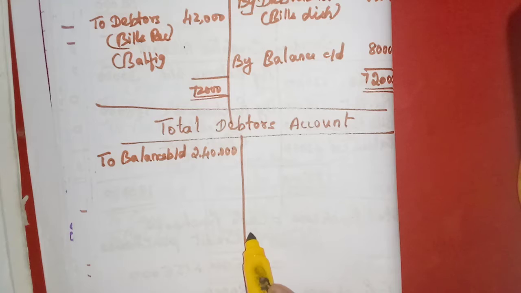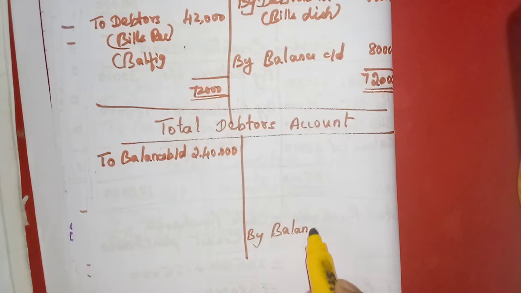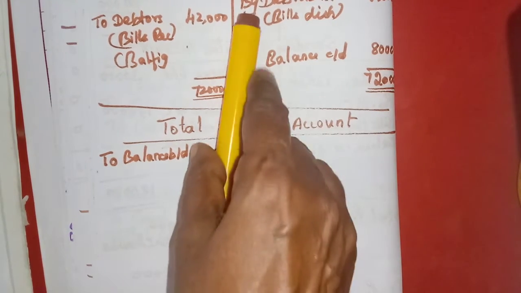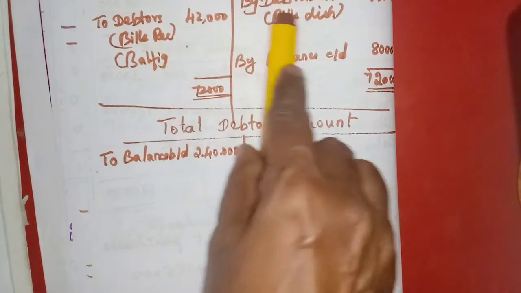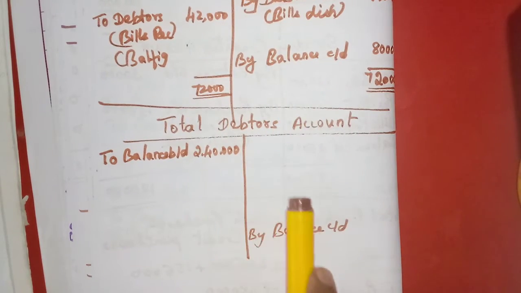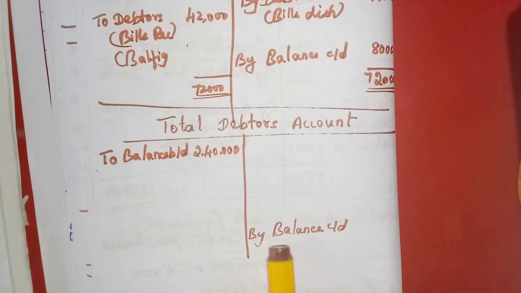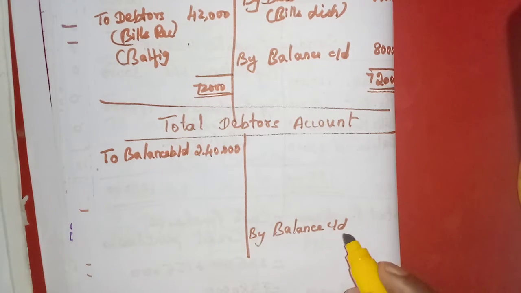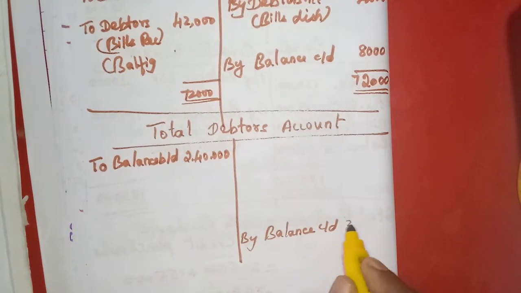Then we write the closing, by balance carried down. In the bills receivable account we get very few items, but in the debtors account we may get a little more, so write a little lower. Sundry debtors closing 2,20,000.